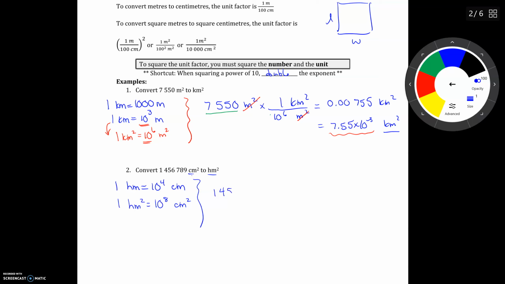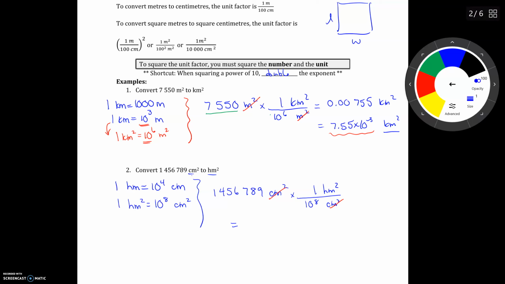Next thing I do is write up my conversion equation. My initial measurement with units, next to it, my conversion factor. In this case, I'm going to be taking my initial value and dividing by 10 to the power of 8. I'm going from a smaller unit to a bigger unit, right?